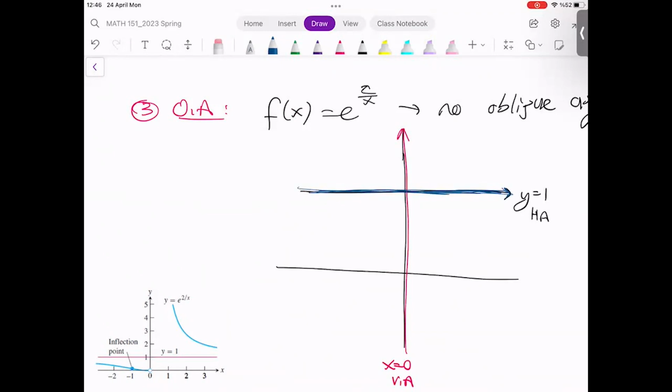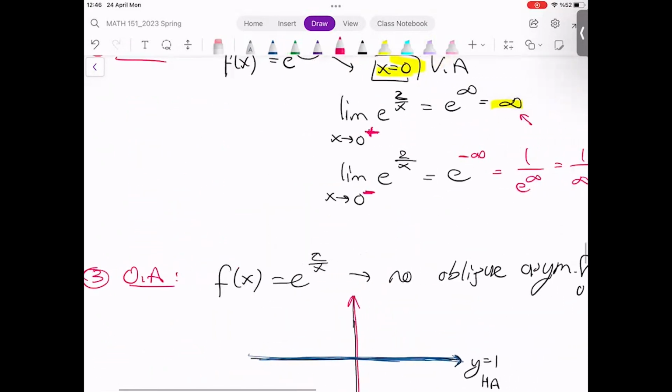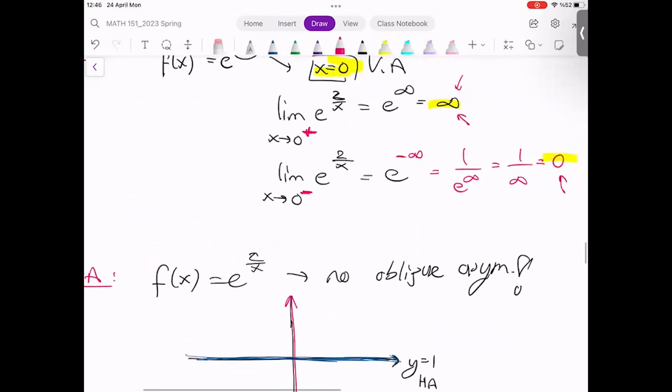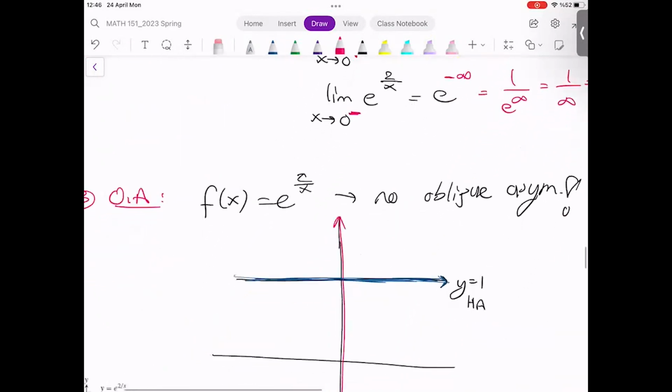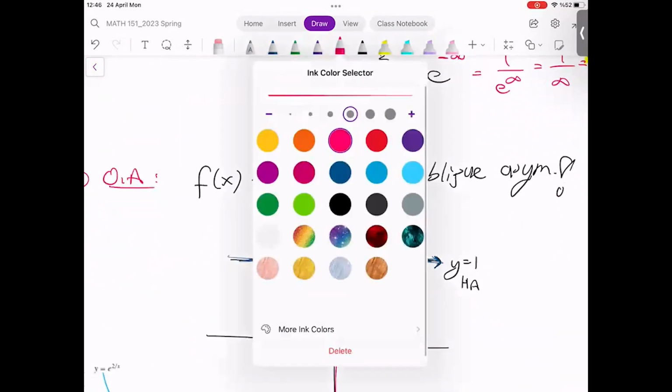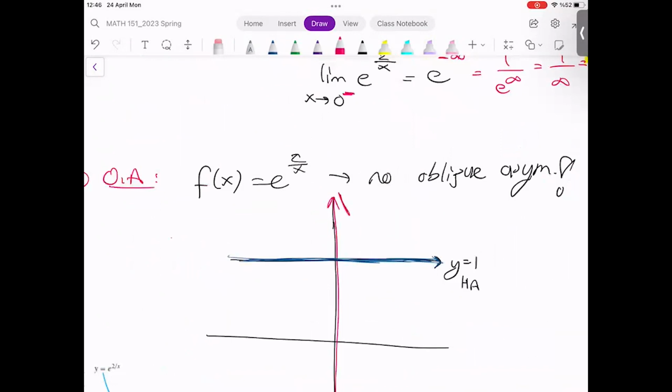Now, before drawing the graph, you can insert information about how your function behaves around the asymptotes. For example, on the right of 0, we have infinite. On the left, we have 0. Let's also put this: on the left, we have infinite.